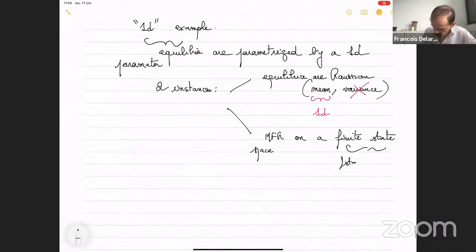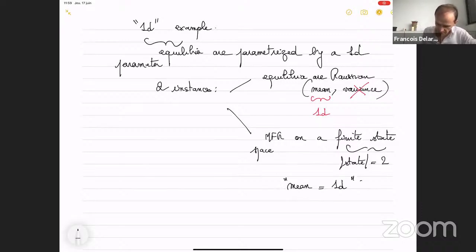And when the cardinality of the state space is equal to 2, once again, the mean of the population describes the state of the population. So the mean is 1D because the state space has two elements. You just have to describe what is the proportion in state 1, what is the proportion in state 2. And this is a 1D parameter, or equivalently, the mean of the population describes the population itself. And so the mean is 1D.